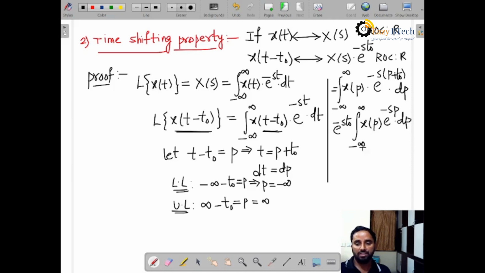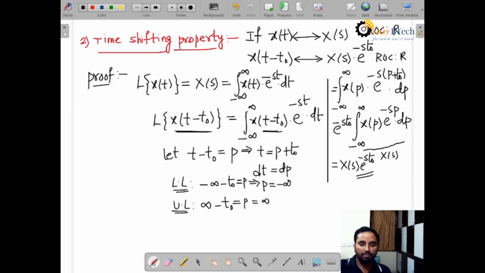So if you observe this integral, it is like the Laplace transform formula x of s, right or not? See here x of s formula, here p, here t, everything is the same. So finally what we can say, x of s into e to the power minus st naught. So Laplace transform of x of t minus t naught is x of s into e to the power minus st naught.